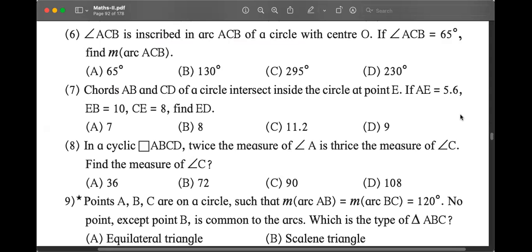We have a theorem, one of the most important theorems in this chapter, and unfortunately there was no question related to this theorem in the example. Also in the practice set, or no, there were questions. I'm sorry, there were questions. Inscribed angle and intercepted arc. What is the relationship between them?